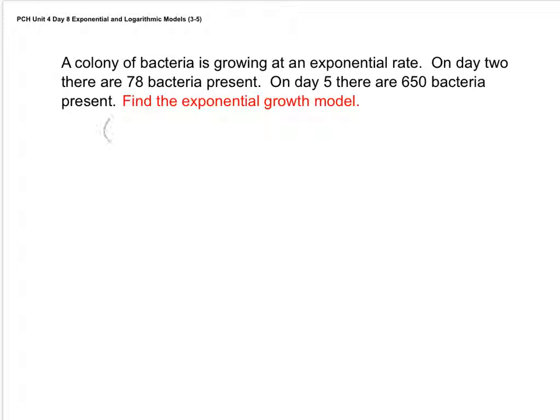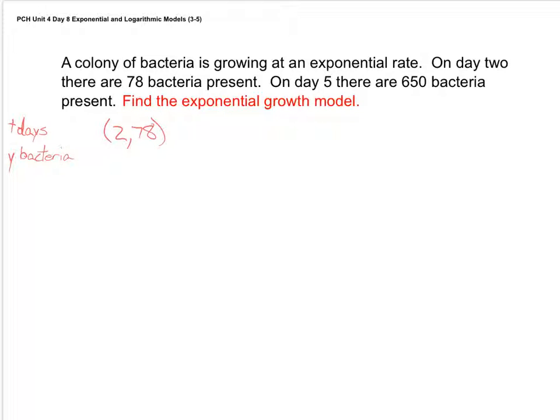On day 2, we have 78 bacteria. Notice here that we're going to use t for our number of days, and then we're going to let y be the number of bacteria. That's our dependent variable; it's going to grow as the days change.